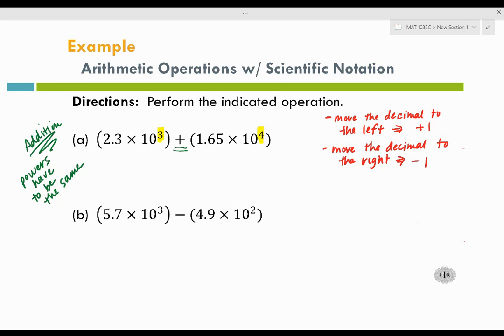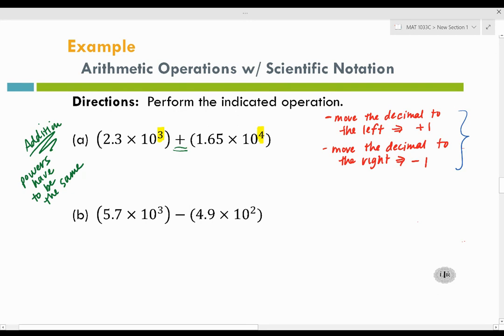Doesn't matter. All right, so if I'm going to fix the first one, what I mean by fix is that since its exponent is 3, I need it to match the second number, who is 4. So that means I need to turn this exponent of a 3 into a 4. So if I'm looking over here at my rules, okay, in order for 3 to become 4, I need to add 1. So that means I need to move this decimal to the left, okay?